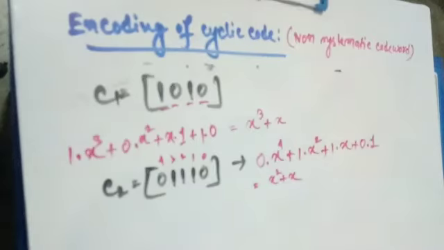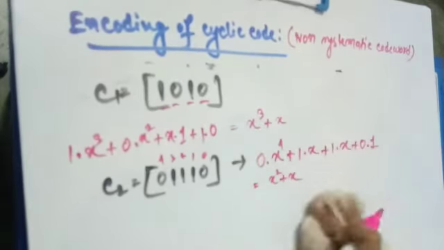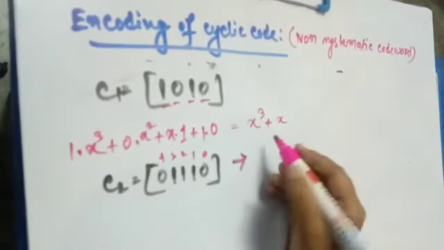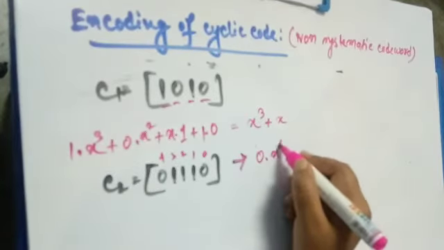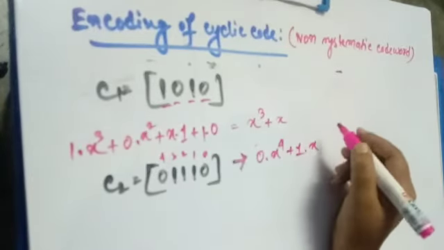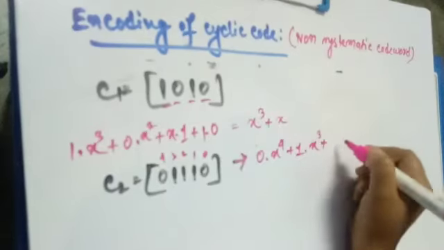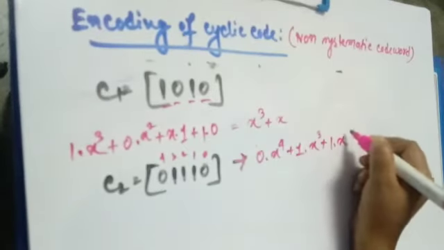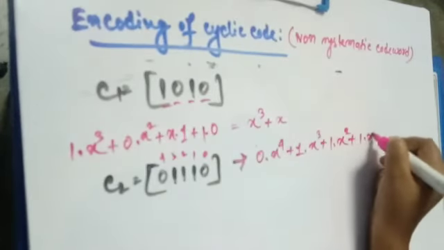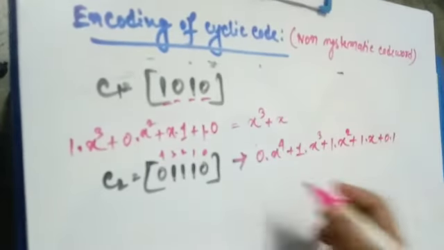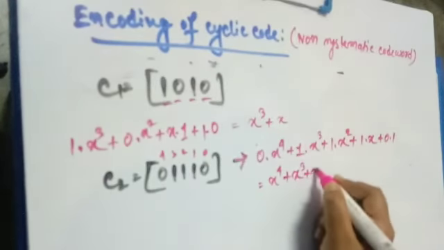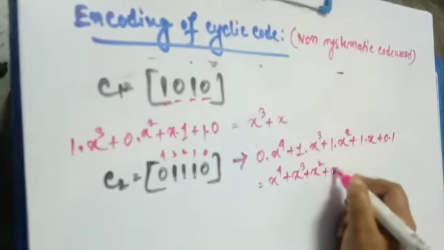Again it is 0 into x to the power 4 plus 1 into x cube plus again 1 into x square, 1 into x, 0 into 1. That means your answer is x to the power 4, x cube, x square, x.